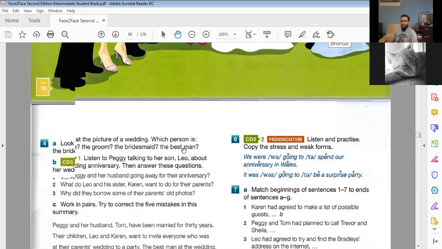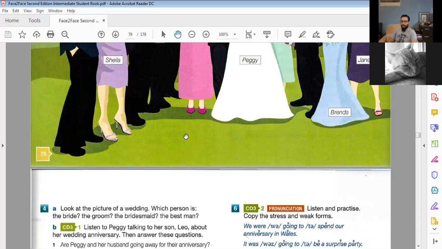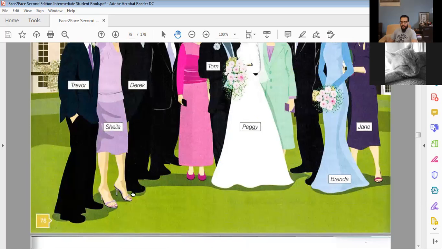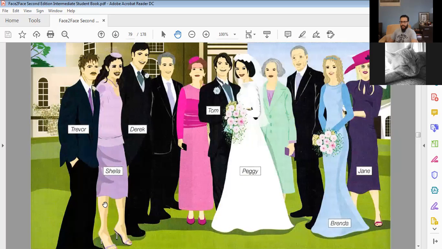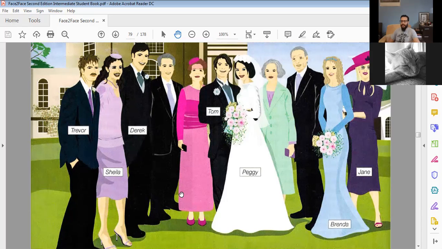Do you know these words, bridesmaid and best man? I think yeah. Bridesmaid is the wife's friend, and the best man is the best friend of the husband. All right. So where's the bridesmaid here? First of all, let's start with the bride and groom. Where's the bride and where's the groom? Peggy and Tom. Okay, so Peggy and Tom, bride and groom.